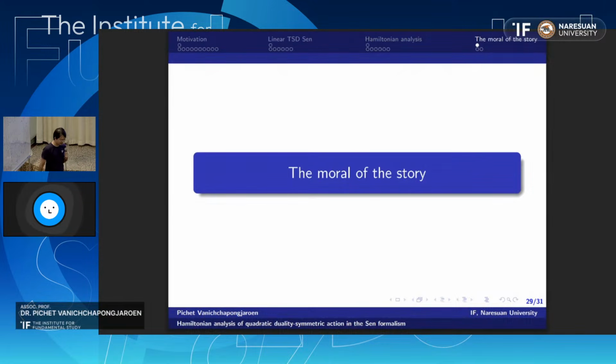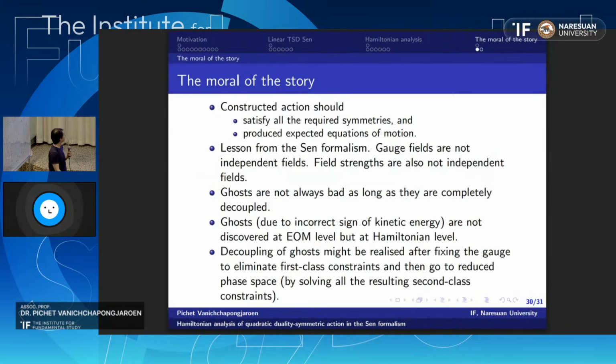And yeah, just quickly to come to the moral of the story: when you construct an action, you want to make sure that your action satisfies all the required symmetry, and also that it reduces to the equations of motion that you expect, or gives you the dynamics that you want.